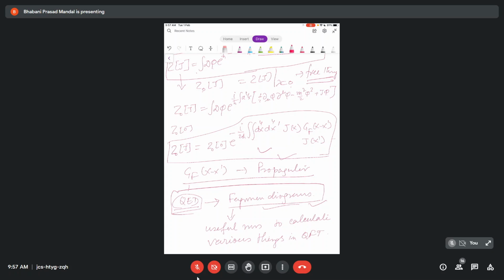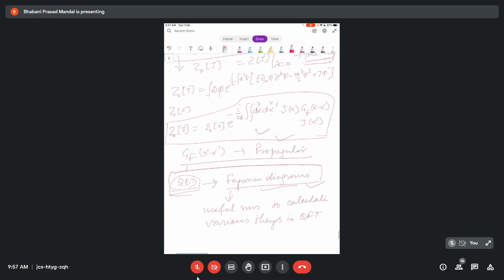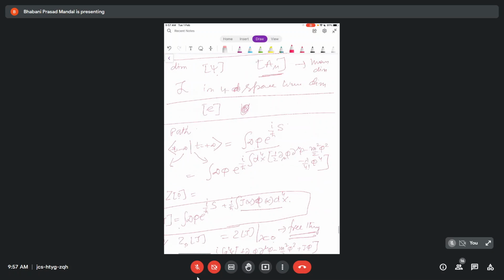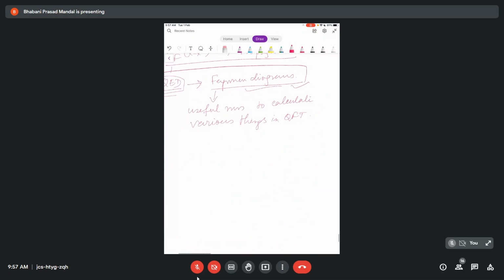This is very important. The idea is, how do you deal with this? When you have the interaction, lambda phi-4 theory, this is called lambda phi-4 theory, lambda you have to assume small, and then you have to do perturbation.